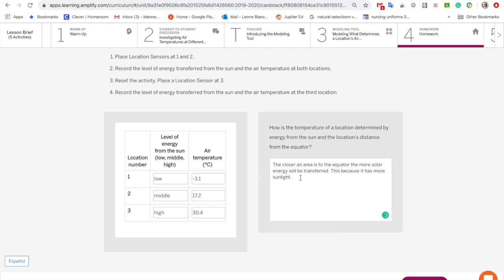More sun means more energy, and more energy means higher temperature.